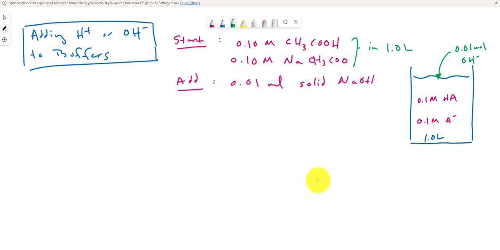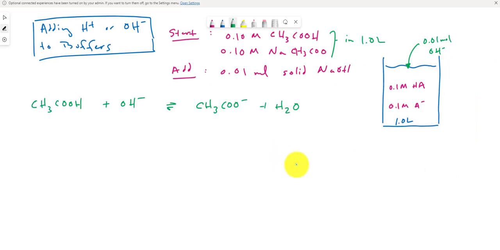So I really like to sketch these problems out because it helps me understand what's really happening in the system. It's not a sophisticated sketch, it's just a beaker, and it tells me I've got a liter, and it tells me what I have in the system, and I'm just using the abbreviations here for weak acid and conjugate base as HA and A-. And I know that the addition of the hydroxide is the perturbation that we are evaluating.